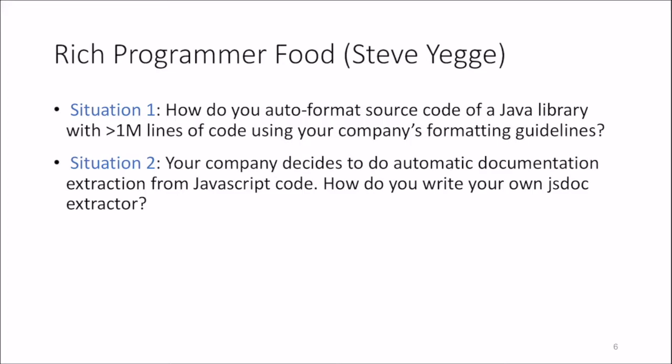Another situation, and this is not specific to Java, of course, it could be any programming language. Situation 2 is your company decides to do automatic documentation extraction from JavaScript code. And your task is to write a JSDoc extractor.